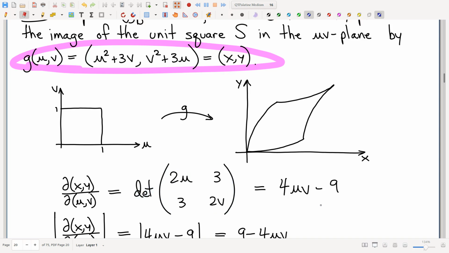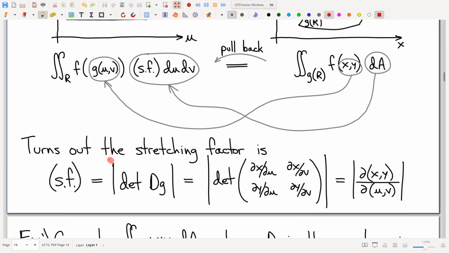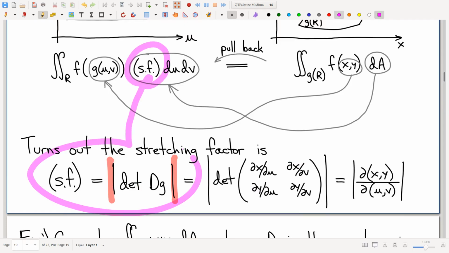And then the last step, and this is a little bothersome, but I do have to take the absolute value. Again, that's part of the formula. The stretching factor is the absolute value. You can't just kind of blow that off. That's non-trivial in the situation.